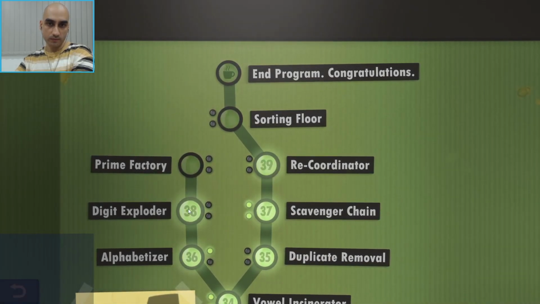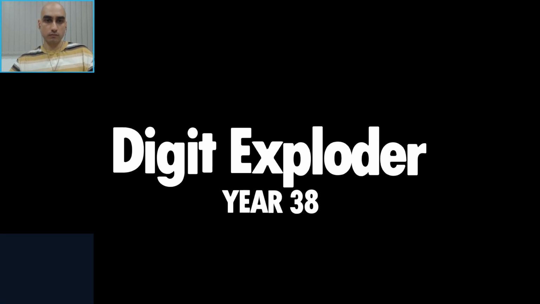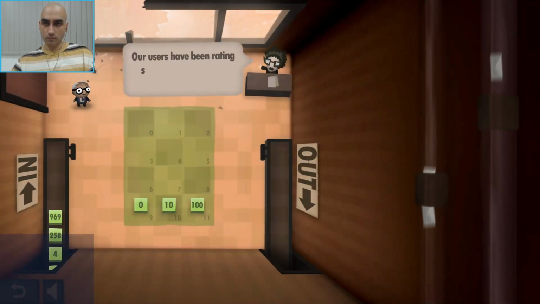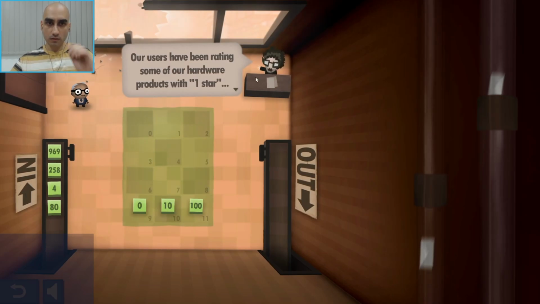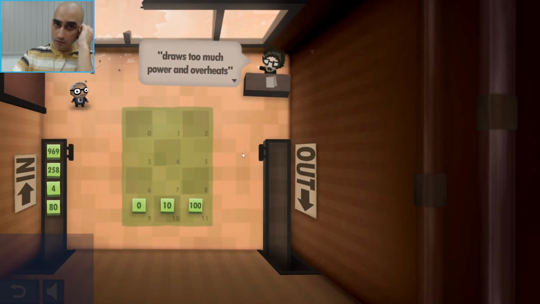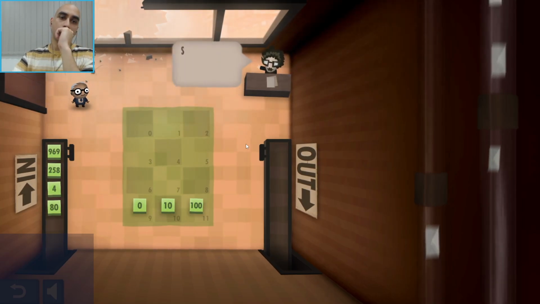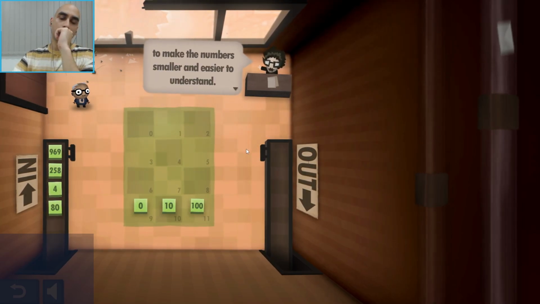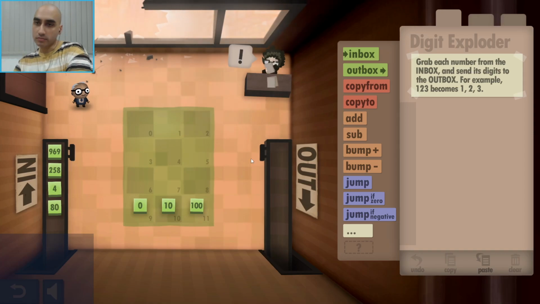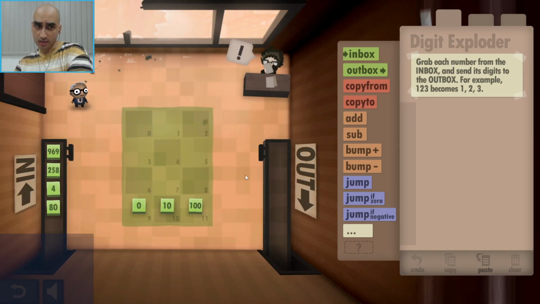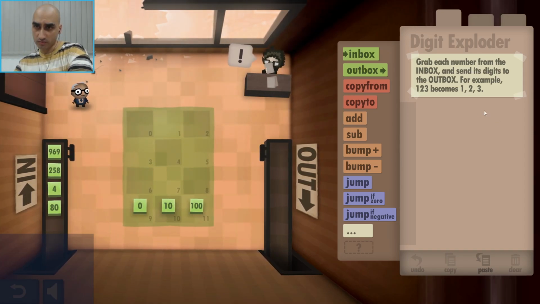Digit exploder. Grab each number from the inbox and send its digits to the outbox. For example, 123 becomes 1, 2, 3.